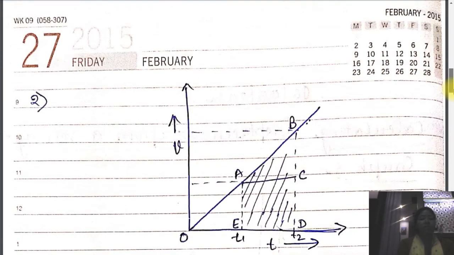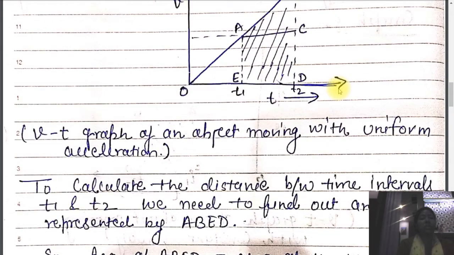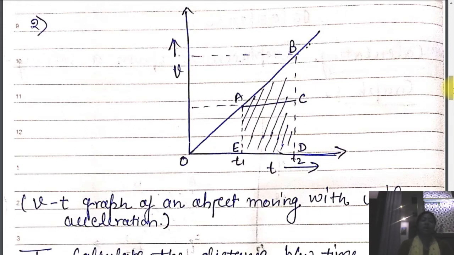Now we have the second case. In the second case we have the velocity time graph, but the object is moving with uniform acceleration. That means the velocity of the object keeps on changing by a consistent amount, which gives us the value of the uniform acceleration.